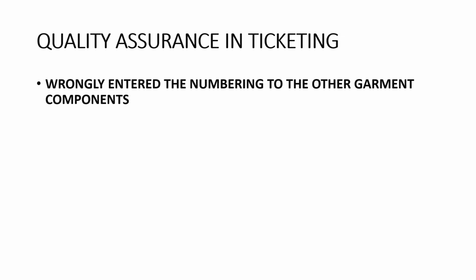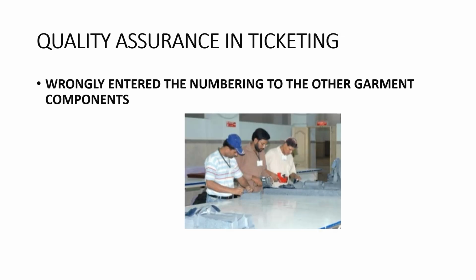Stitching operation will be affected due to that, and you will not get a very good quality garment if there is a mixture of different numbering in the garment, because you cannot really get the right component because of that wrong numbering. And the garment that will be produced will also be of very poor quality, because we have used the wrong ticketing. Wrong component has come to you. So that is the usefulness of ticketing in the operation.